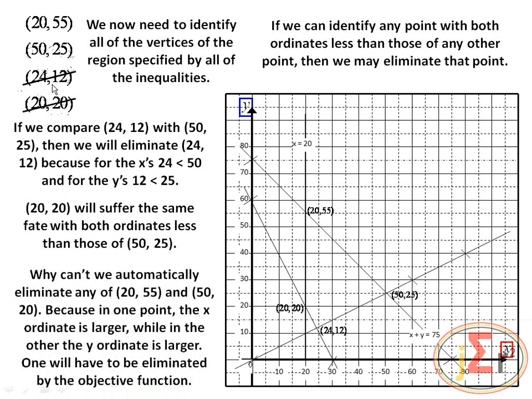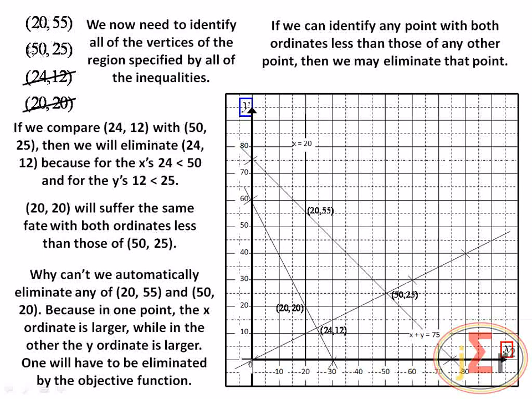Why can't we automatically eliminate any of 20, 55 and 50, 20? Because in one point the x ordinate is larger, while in the other point the y ordinate is larger. One will have to be eliminated by the objective function. So here we cannot eliminate any of these because both of the ordinates here are not less than both here.